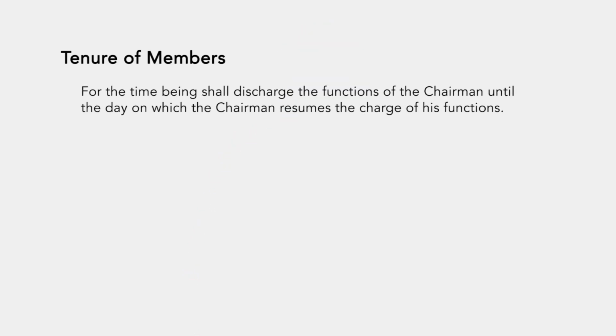So, where there are three members, one chairman and two other members of Lok Adalat, and the chairman, for reasons specified under the law, such as illness or any other valid cause, has remained absent from his duties for a long period of time, then in that case the senior most member in chronological order of the permanent Lok Adalat may discharge the duties and function of the chairman of the permanent Lok Adalat for the time being.